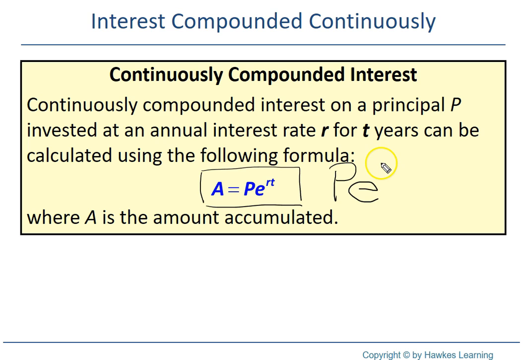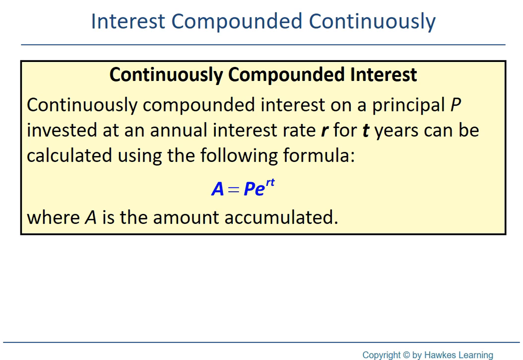But now, for our exponent, we're going to use the rate times the time. Now, since it's continuous, we don't have any n here. The E takes care of the n part. That is the compounded period. So this is just another formula you're going to need to be familiar with and have in your notes. This might be a quiz question.